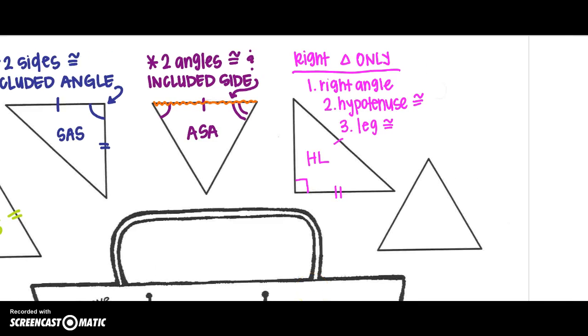All right, and the final one that we have gone through and talked about is AAS, and your picture may look something like this. And remember, in this one, it's very similar to ASA because you have 2 angles that are congruent, but the difference is we need the non-included side.